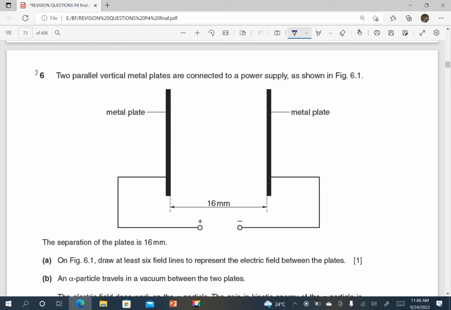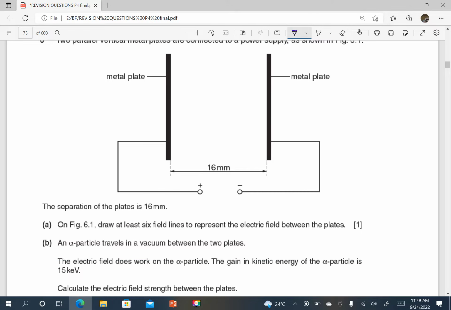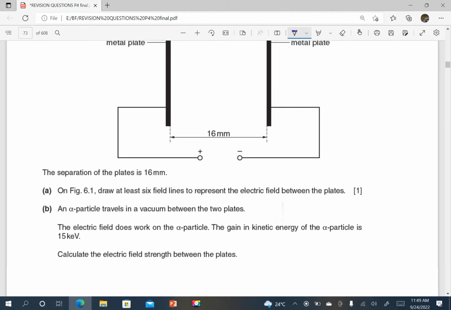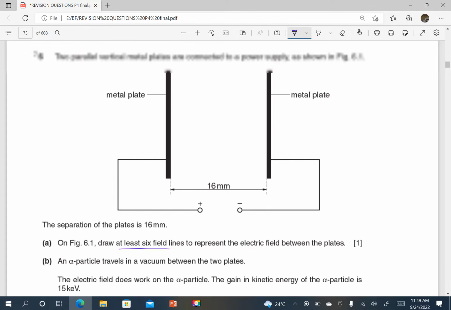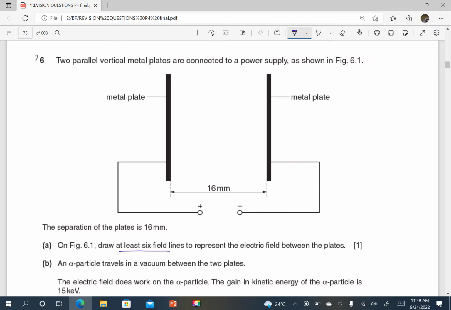Two parallel vertical plates are connected to a power supply as shown. The separation of the plates is 16 millimeters. On the figure, draw at least 6 field lines to represent the electric field between the plates. Field lines originate from high potential to low potential. This plate is positive, the other plate is negative.